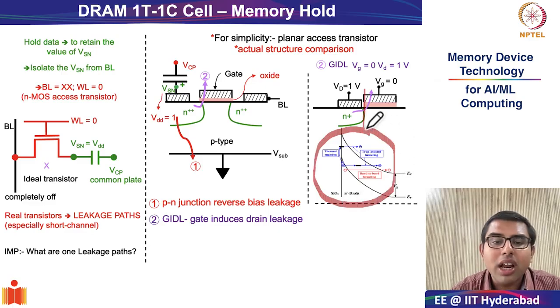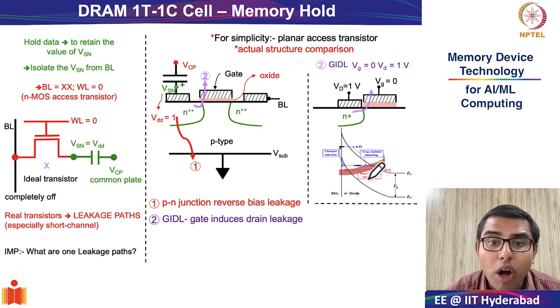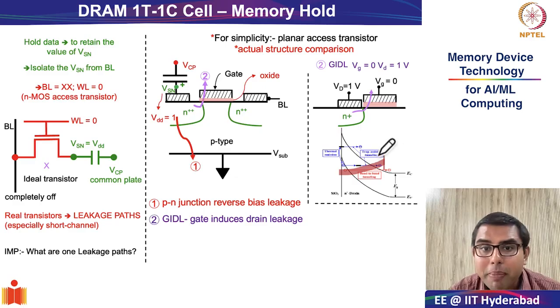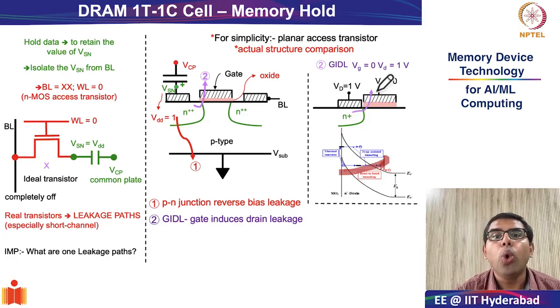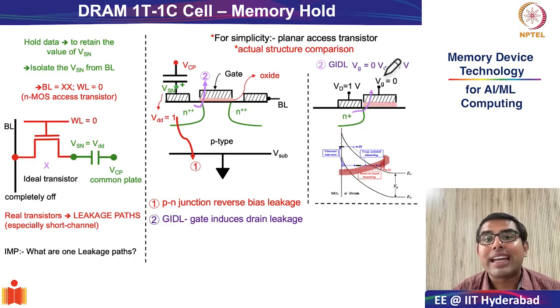And this very large band bending will allow some tunneling to happen from the valence band of the N plus drain region into the conduction band of the P-type region. And this current will then flow through as a leakage component through the gate oxide into the gate terminal.